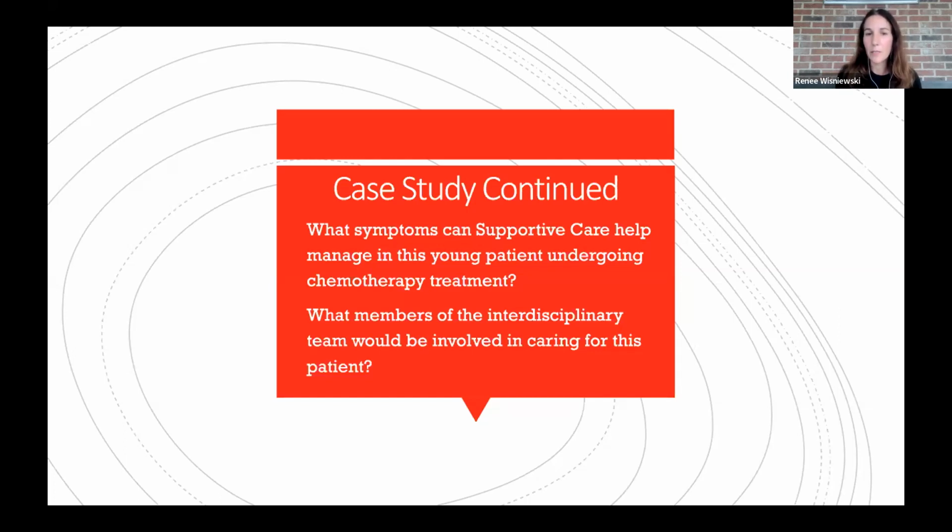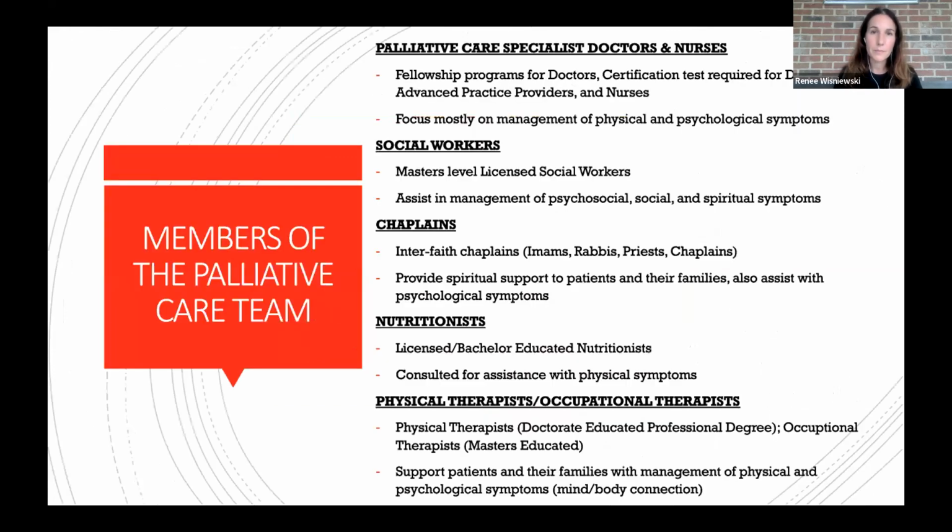At the hospital I work at, we have chaplains, we have social workers, we have psychiatrists, we have an integrative medicine team. So we do practice interdisciplinary medicine, and these are just some people who may be involved in her care. So again, members of the palliative care team, this is just an example. This is not a comprehensive list.